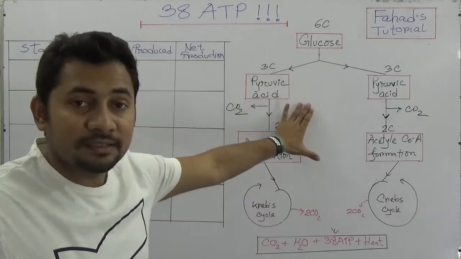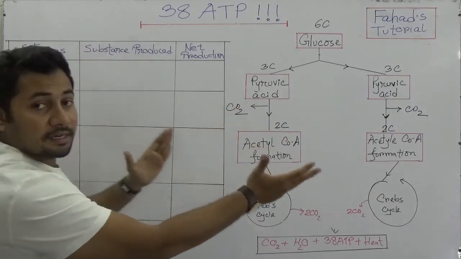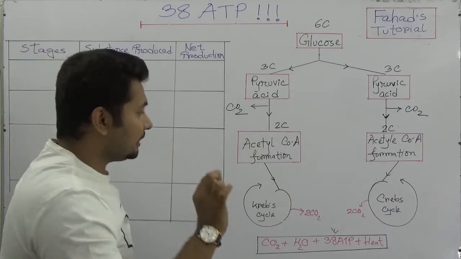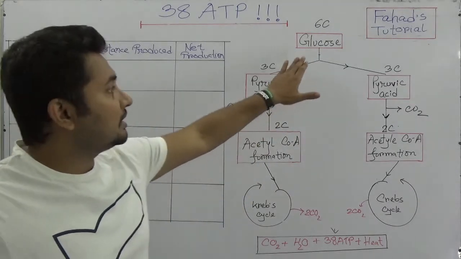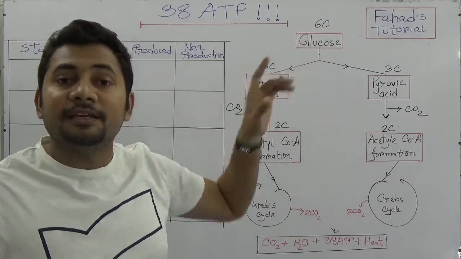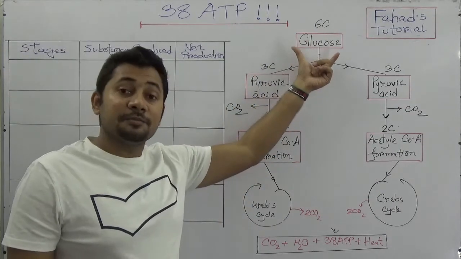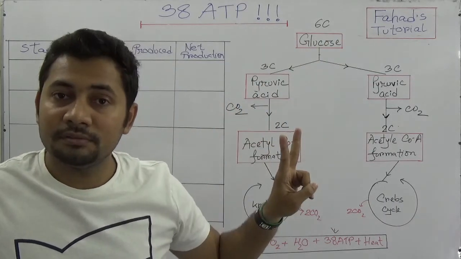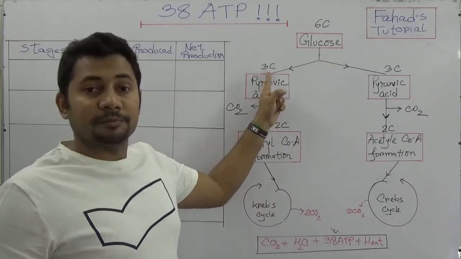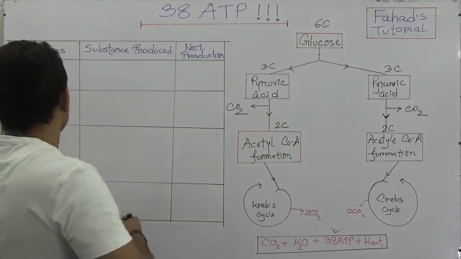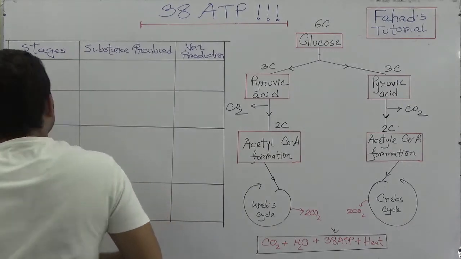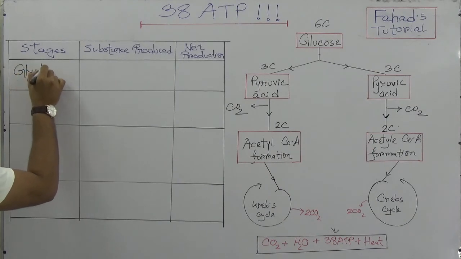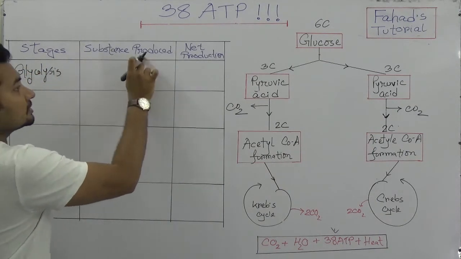And if you already understand this, now we need to think about what the steps are and what the net product of each is. So if you just concentrate on the first step, which is glycolysis, you know already that in the glycolysis process, one molecule of glucose will be broken down into 2 pyruvic acid, which is 3 carbon. In glycolysis, what are the substances produced?